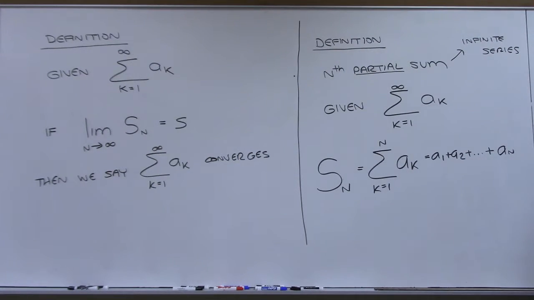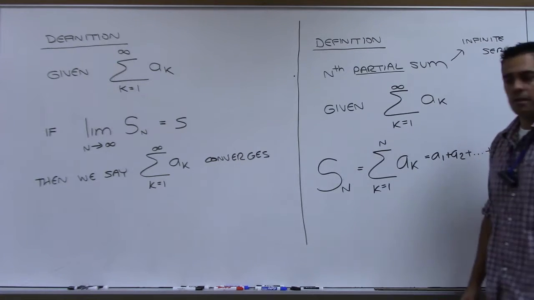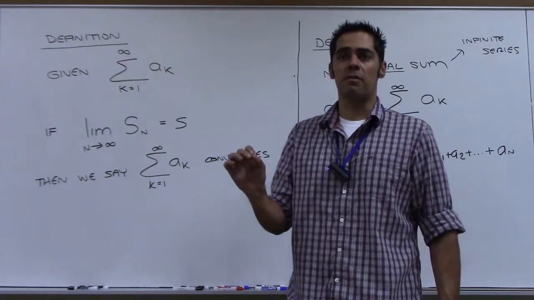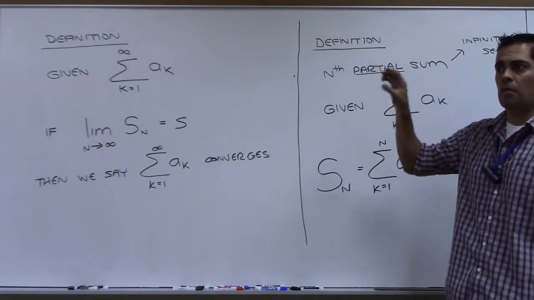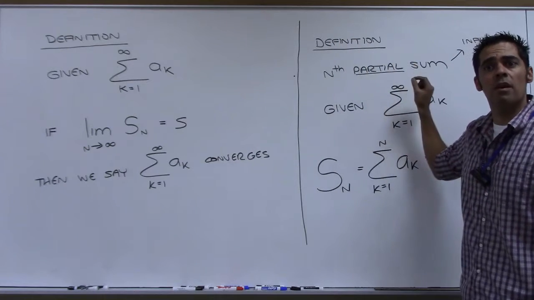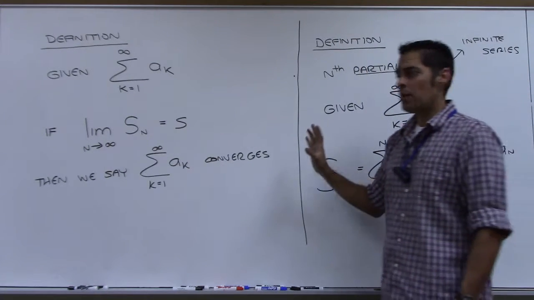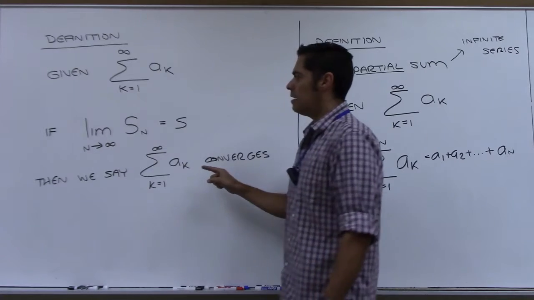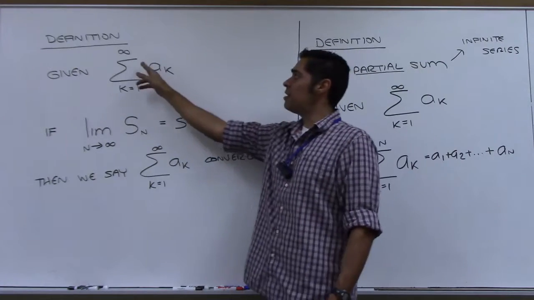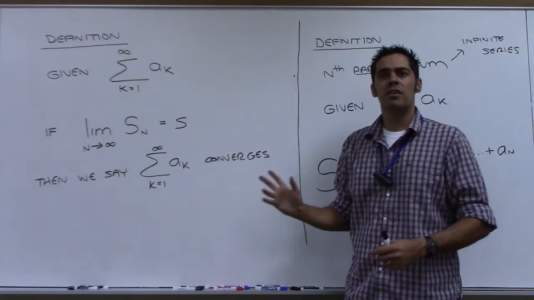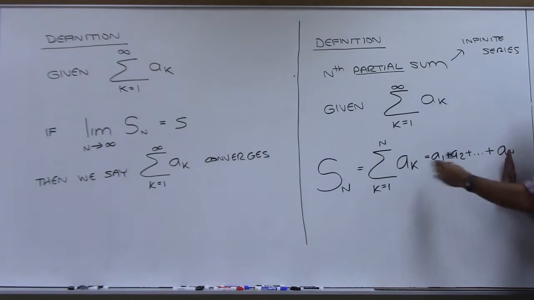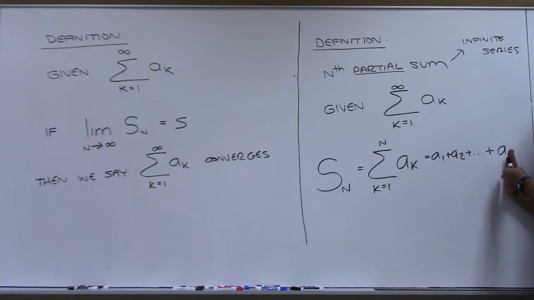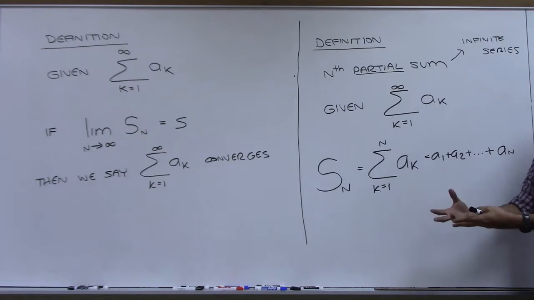Let me try and explain what we mean by this. What did it mean for a sequence to converge? A sequence. Those dots were headed somewhere, right? This is saying that the infinite series will converge if the sum, if we stop somewhere and figure out that sum, and then let n go to infinity, that goes to a number.